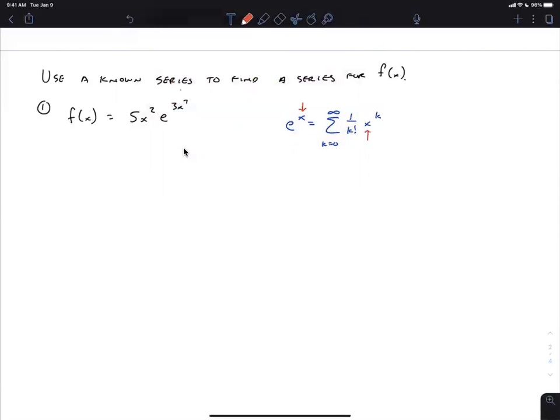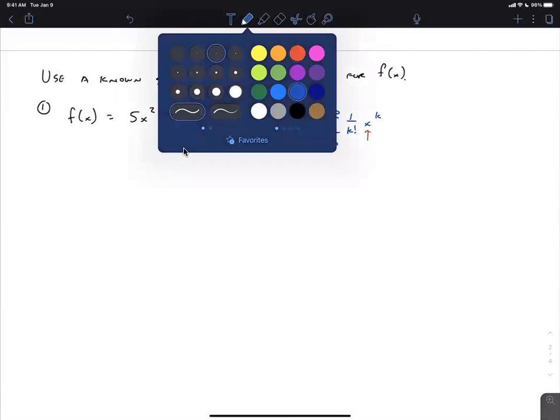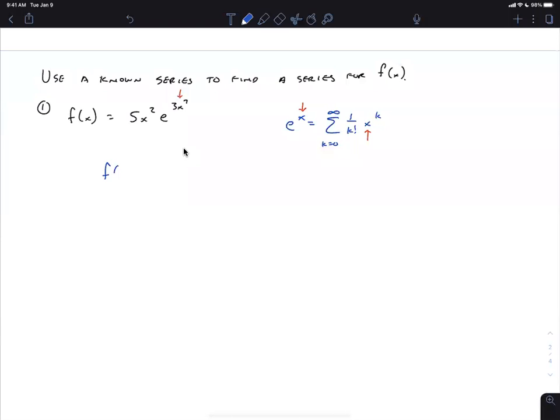So then if the exponent is 3x to the 7th, then f of x is equal to 5x squared times, so instead of e to the 3x to the 7th, e to the x is this with x there, e to the 3x to the 7th is this with 3x to the 7th there. So you sub in 3x to the 7th in place of x.